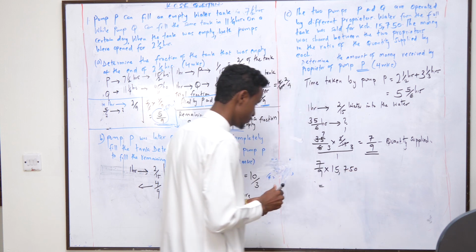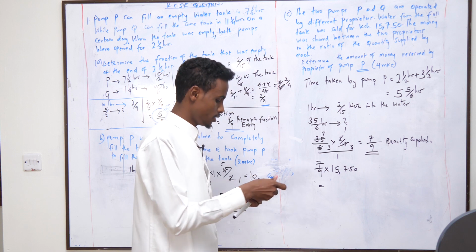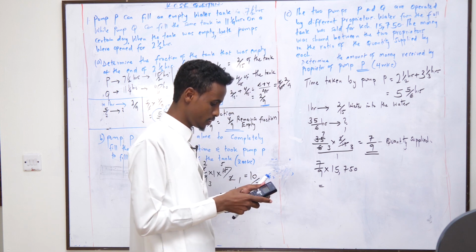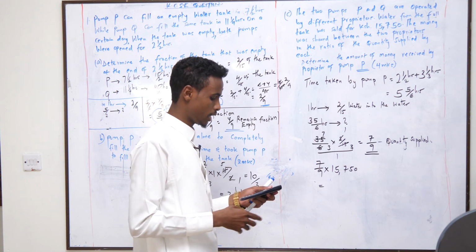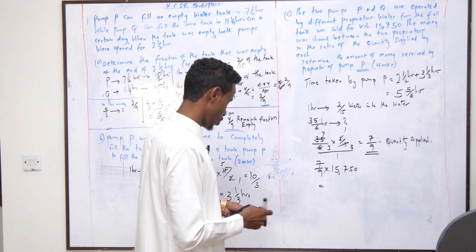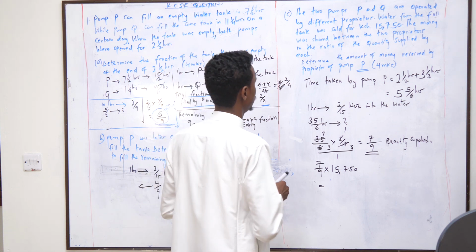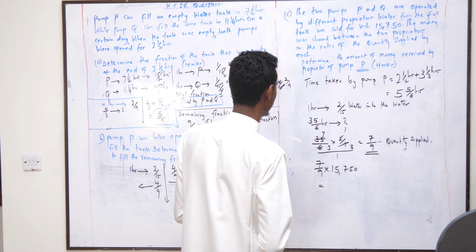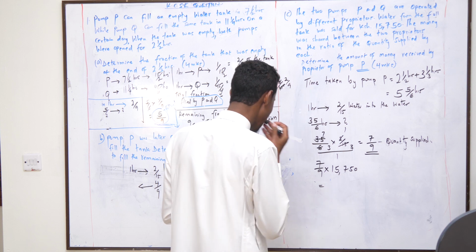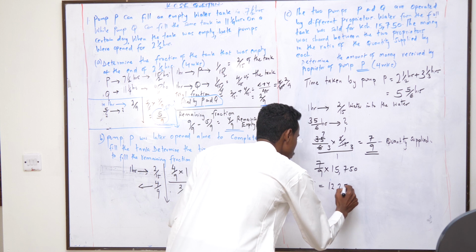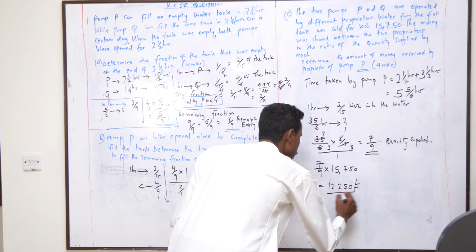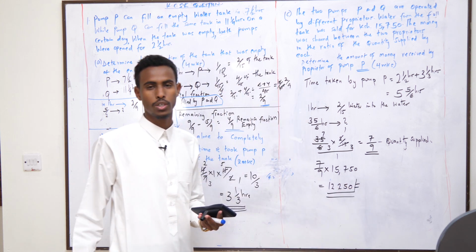Now the answer will be very simple. 15,750 divided by 9 times 7 is 12,250. The amount of money received by the proprietor of pump P is 12,250. And that is the end of the question.